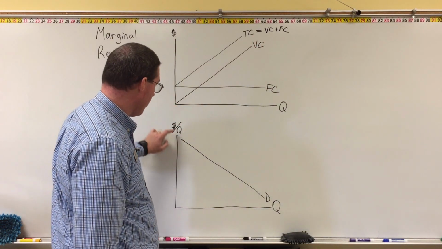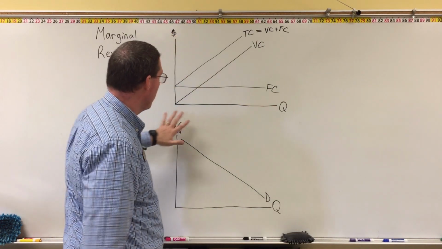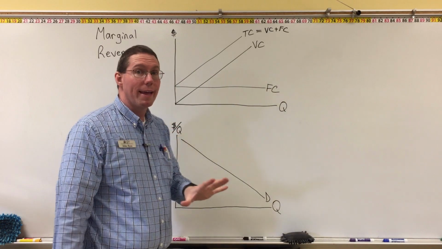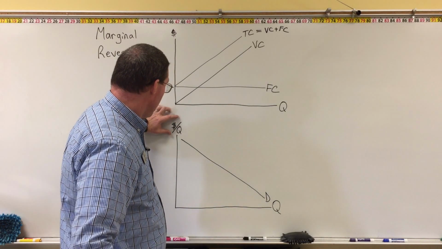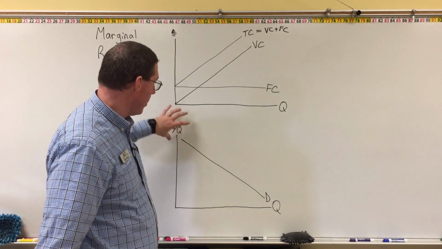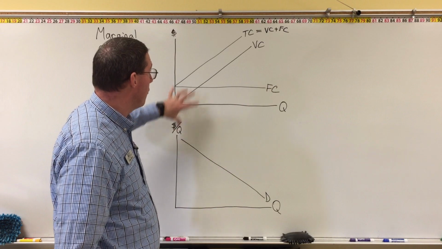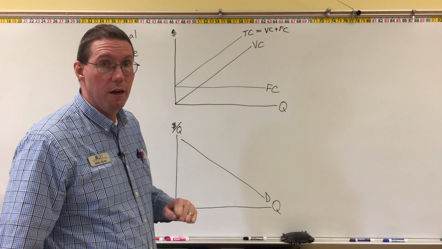Whereas this graph down here is these dollars divided by the quantity. If you are a calculus math person, for the most part this is a derivative. Many of the things that we put on here are a derivative of the graph up here. That's why it's the dollars per quantity graph.